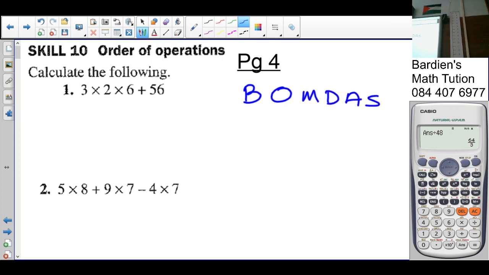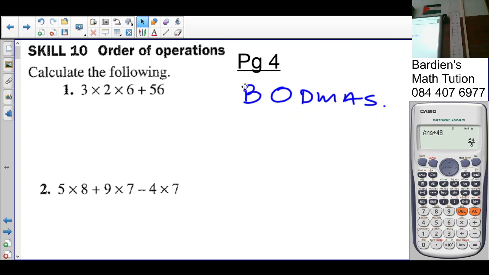Oops, I forgot the of in BODMAS. The multiplication and division can interchange, they can change accordingly. And addition and subtraction can change. You just do whatever lies from left to right, in that order. So there's brackets, of, division, multiplication, addition, and subtraction.